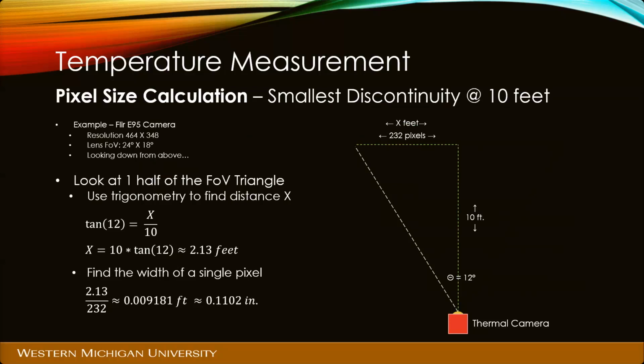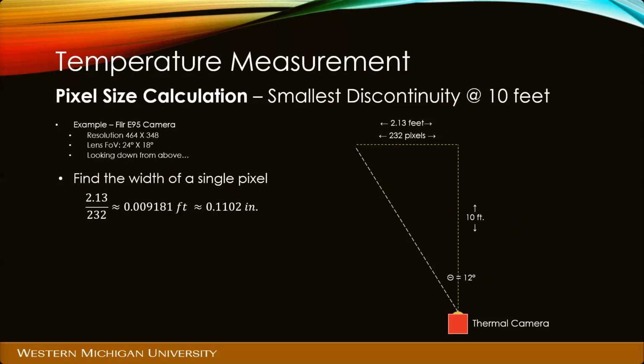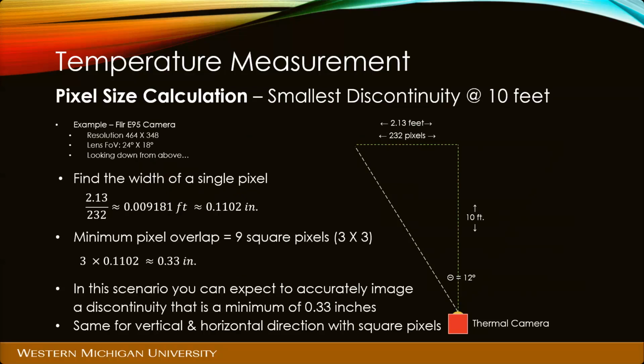So what is the smallest discontinuity we can find at 10 feet, though? Is it 1/10 of an inch? Yep, 3 by 3. Minimum pixel overlap, 9 square, or 3 by 3.